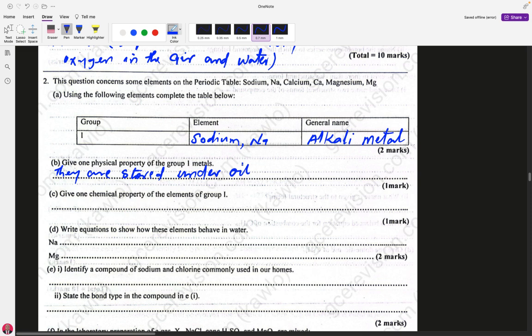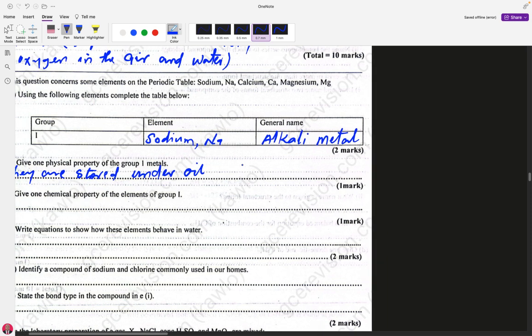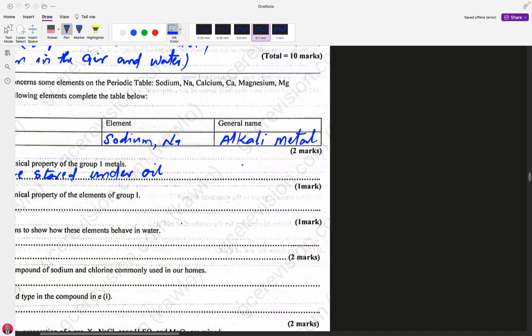They are soft and can be cut with a knife. You can put it here.